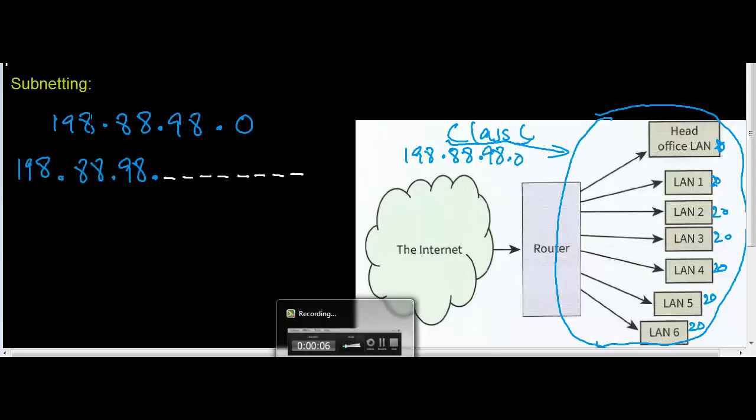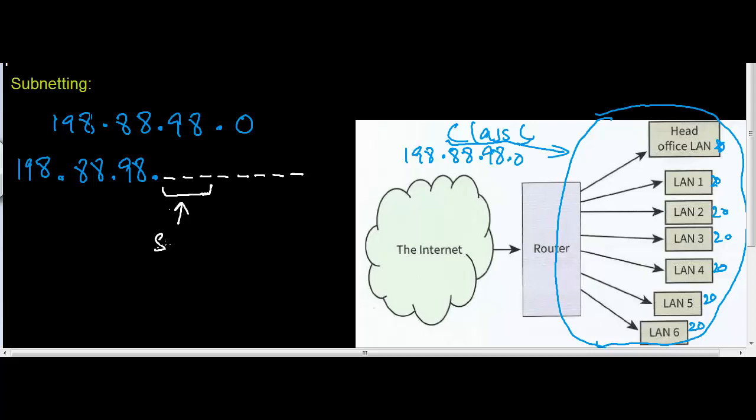We have 8 host bits available to us, and out of these 8 bits we are going to steal 3 host bits to be used for our subnets.